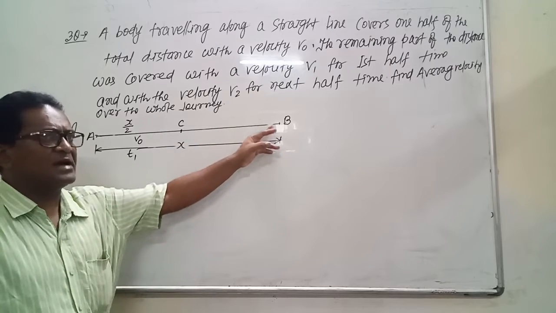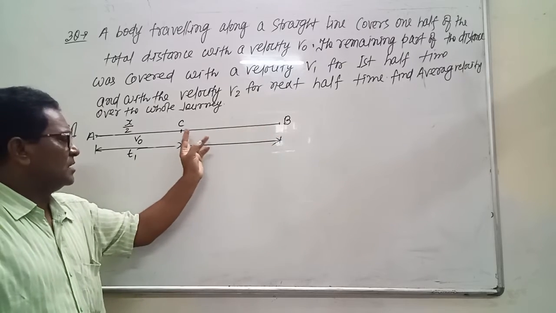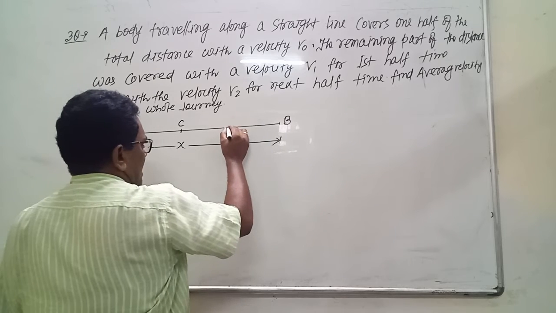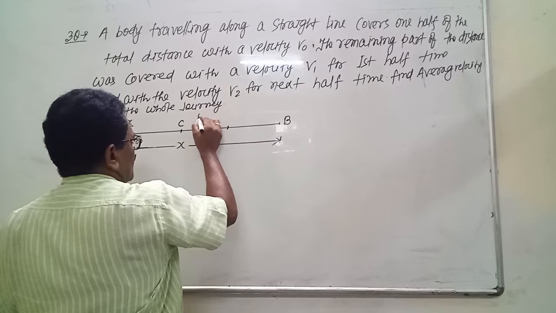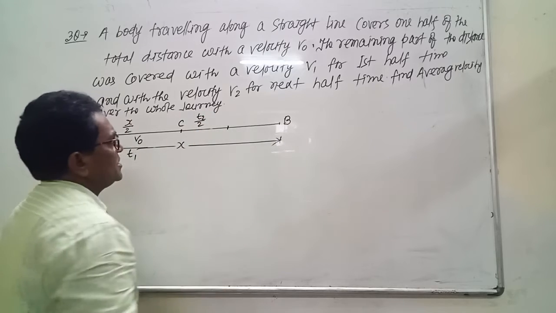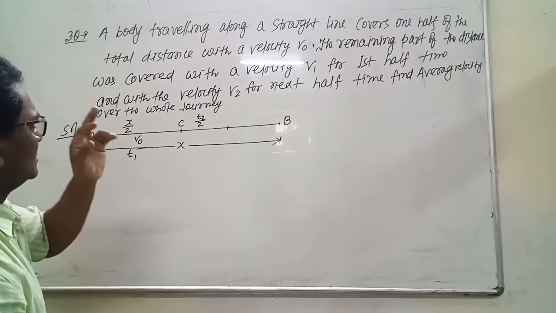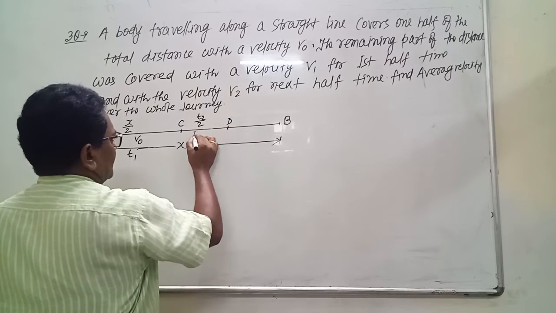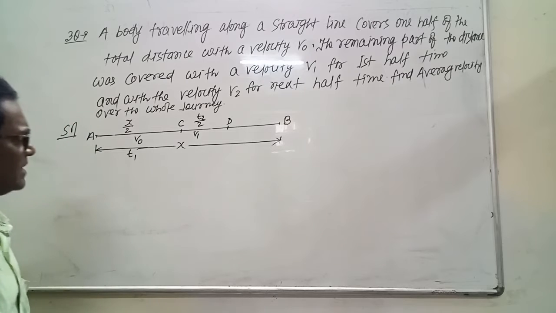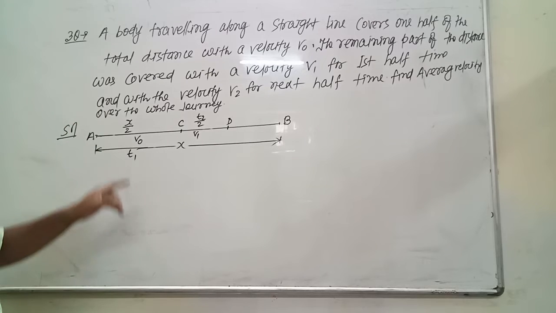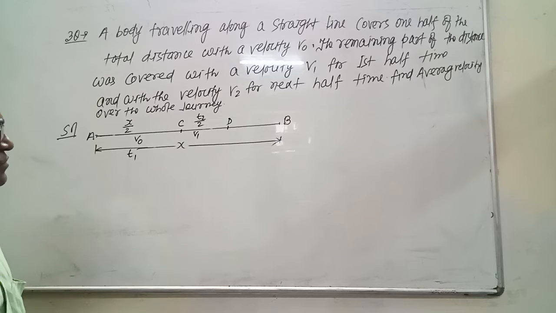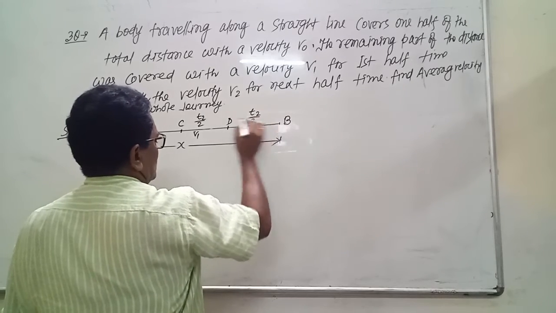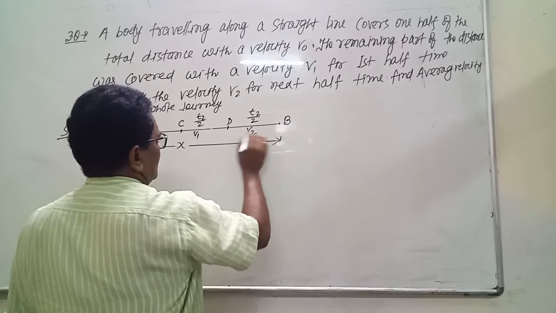So for the first half time, t2 by 2, the velocity was v1, and with the velocity v2 for the next half time, t2 by 2.